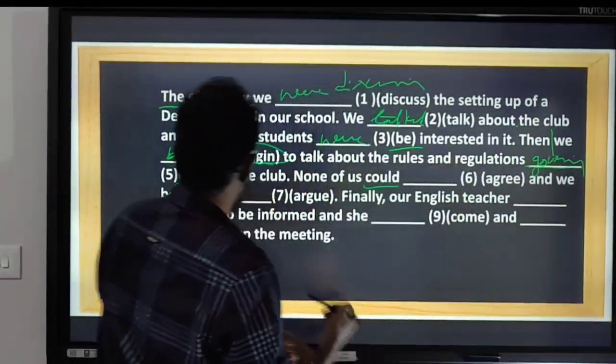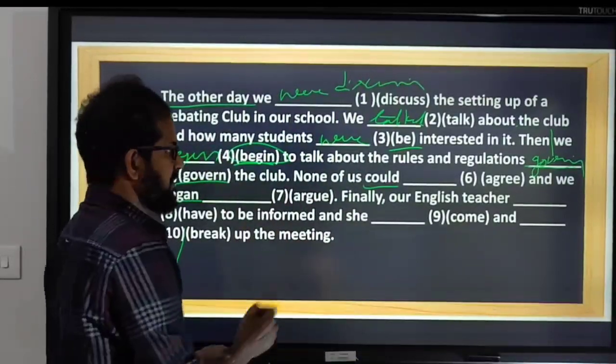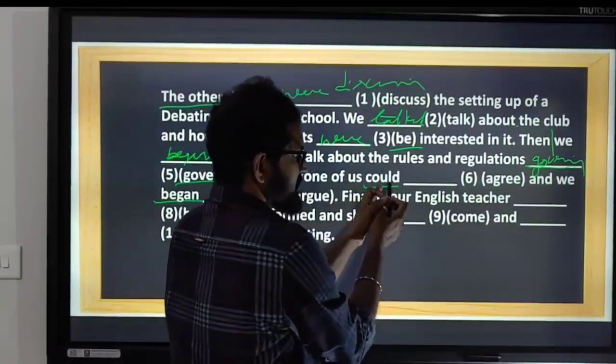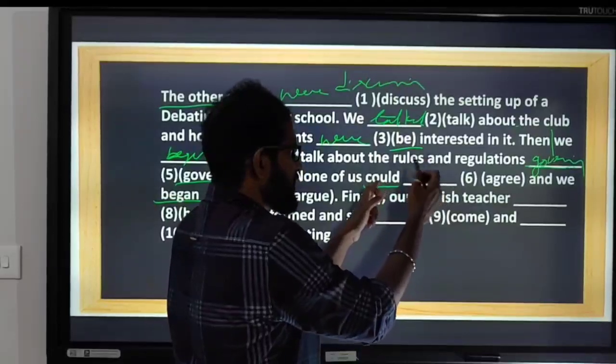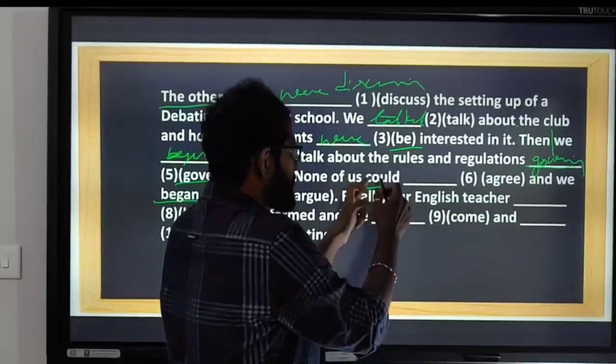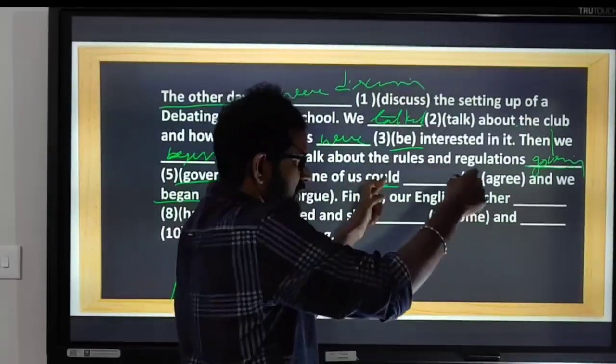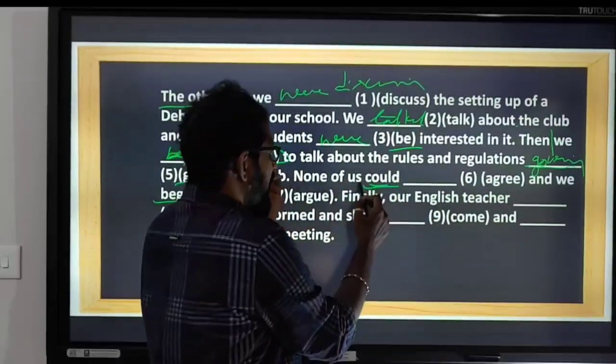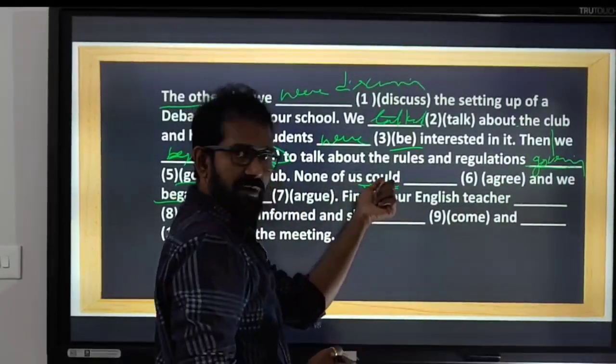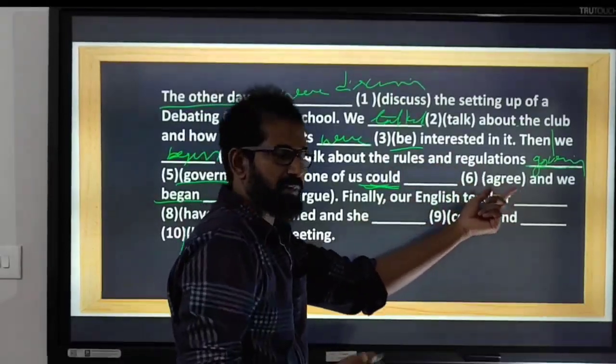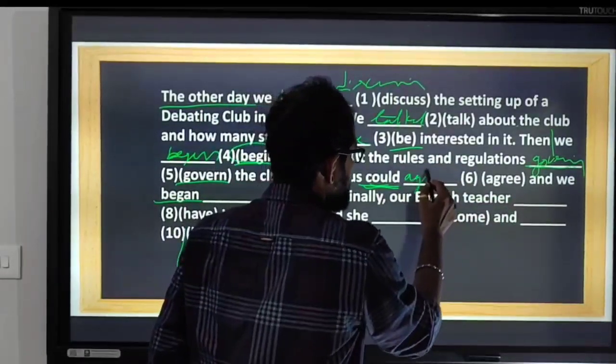Rules and regulations governing the club. None of us could. Past modal, after a modal we always need the base form. So don't think that because it's past we need to use agreed. No. After modals, past modals or present modals, we need to use only base form. Agree.